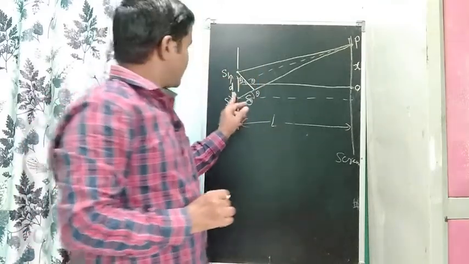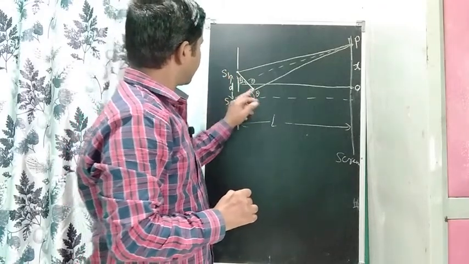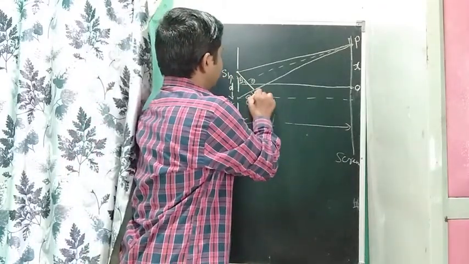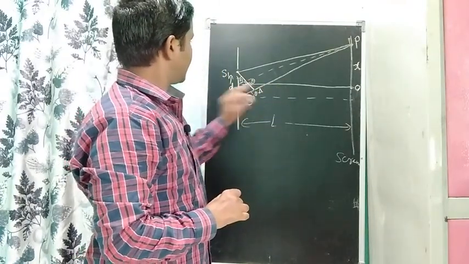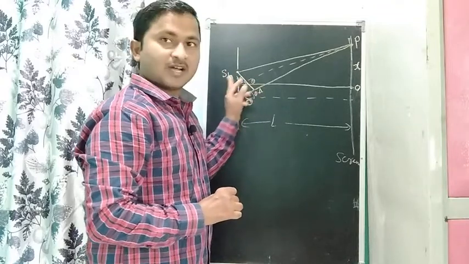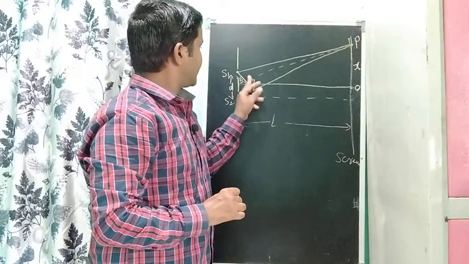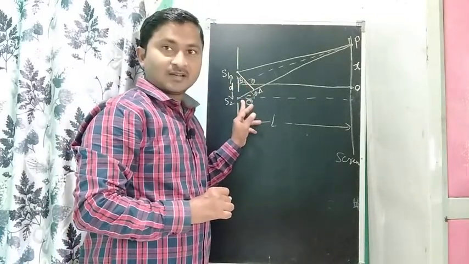Now we want to find out this path difference. From this triangle S1 S2 A, we mark the opposite side, adjacent side, and hypotenuse. We want the path difference delta, which is the opposite side.